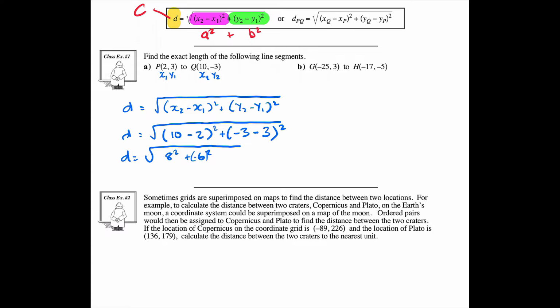If I omit those brackets, we're going to have some problems. Okay, and basically we've got the distance equals the square root of 64 plus 36, and the distance equals the square root of 100. And in this case, the square root of 100 is 10.